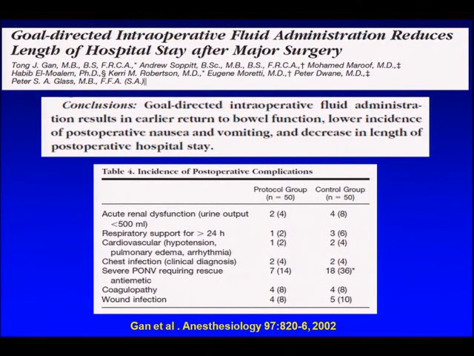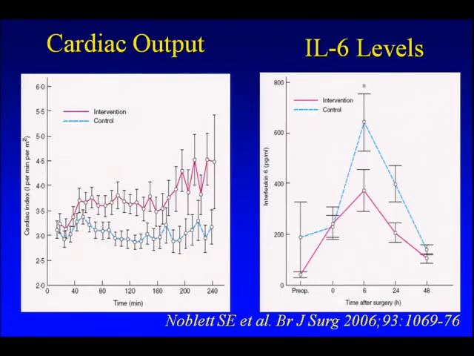We also found that some of the gut-related adverse events, such as nausea and vomiting, as well as bowel function, also significantly improved with the goal-directed group. Other studies, again, have shown that goal-directed therapy improves patient outcome, and this study also looked at some of the inflammatory mediators and found that in the goal-directed therapy group, some of the inflammatory mediators, such as interleukin-6, were significantly reduced in terms of the rise.